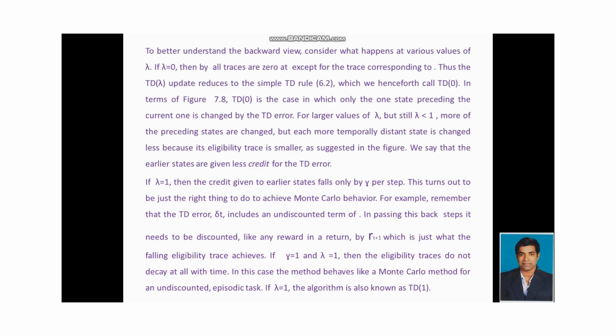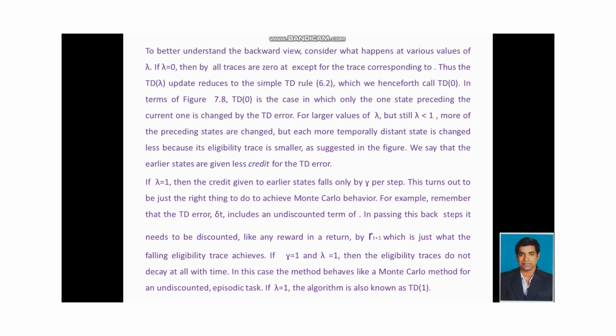To better understand the backward view, consider what happens at various values of λ. If λ = 0, then all traces are 0 except for the trace corresponding to the current state. Thus the TD(λ) update reduces to the simple TD rule, which we henceforth call TD(0). In terms of the figure, TD(0) is the case in which only the one state preceding the current state is changed by the TD error.